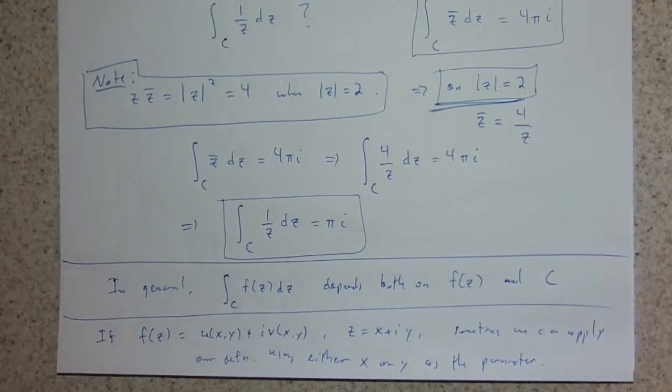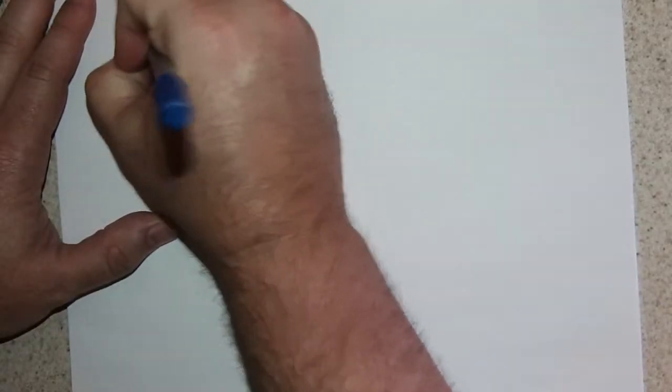We saw an example of this in the very first example of a contour that we talked about. So first of all, let's do a setup here.